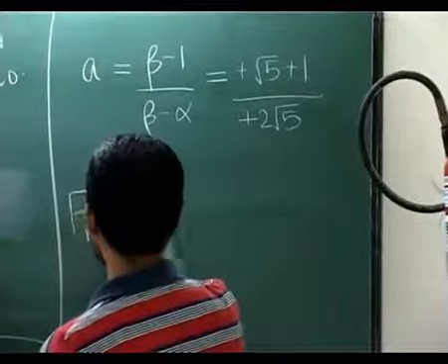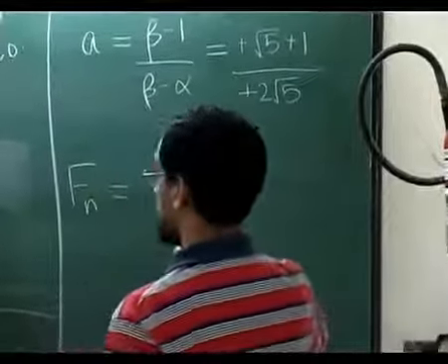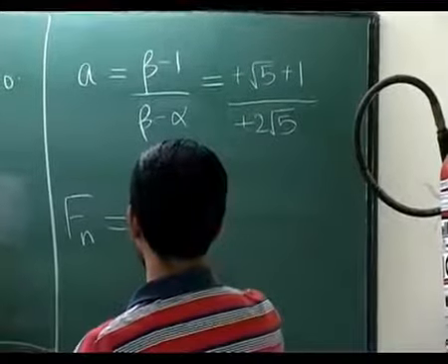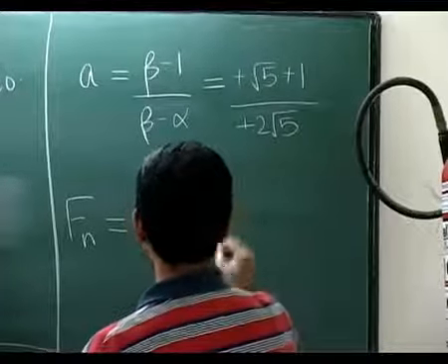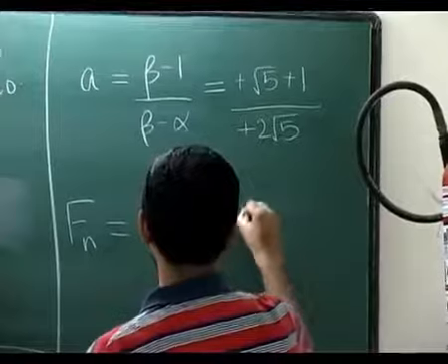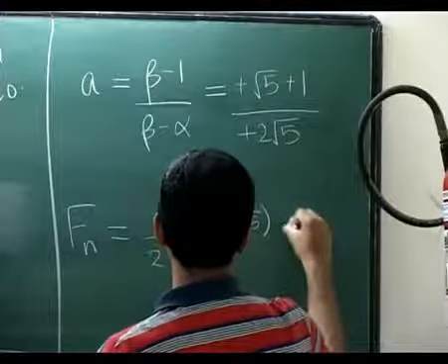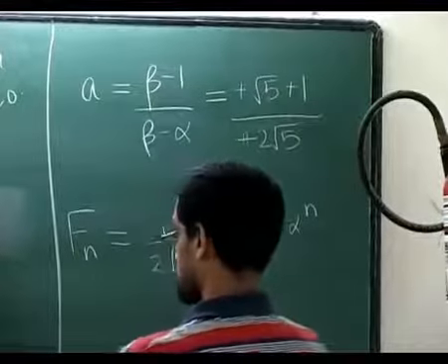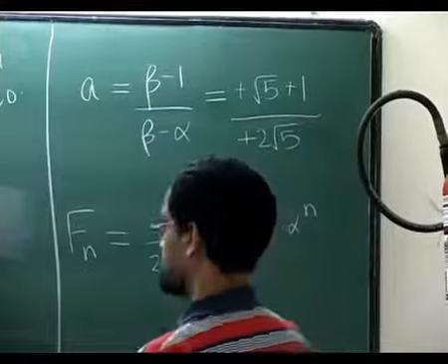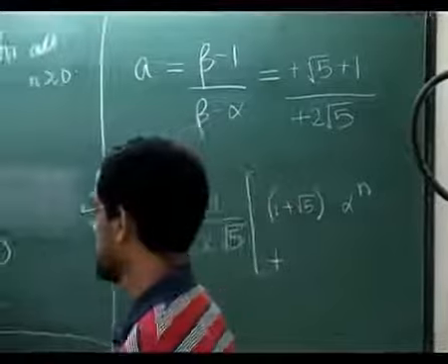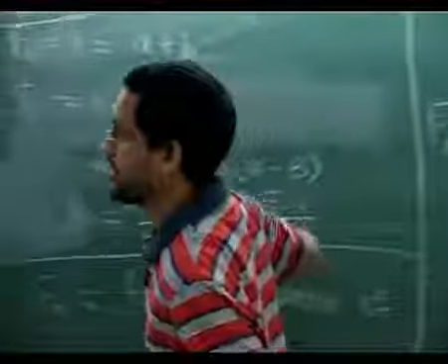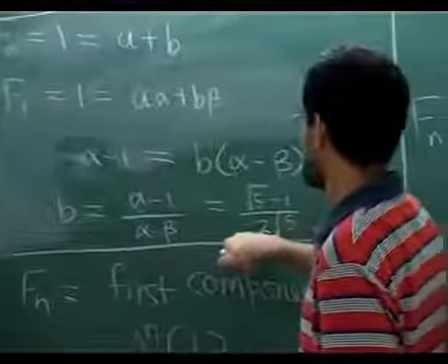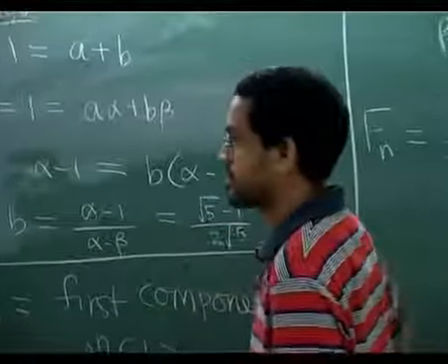What's the nth Fibonacci number? It is equal to, A is (1 plus root 5) by 2 root 5, so I'll pull out a 1 by 2 root 5 common. It's (1 plus root 5) times alpha power n plus, I'm sorry, what? Alpha minus beta, yeah, correct. But this 2 is coming from the top.